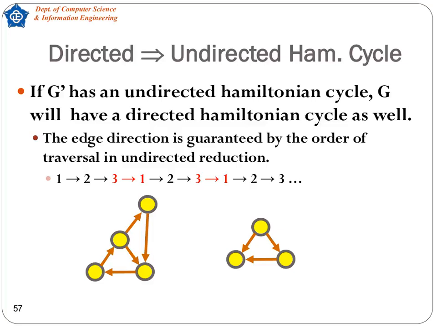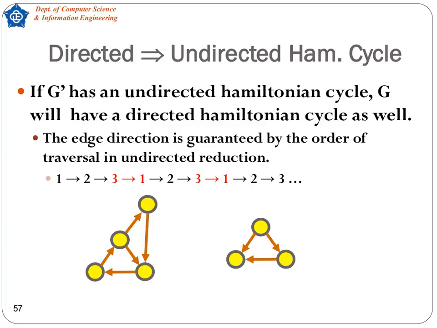The reduction was carefully crafted so that every undirected edge in G′ corresponds to exactly one directed arc in G. For example, take the cycle 1 → 2 → 3 → 1. In G′, the connections between vertices 1, 2, and 3 form an undirected triangle, but because of how we built those edges, moving from 1 to 2 must use the 1 → 2 arc in G, from 2 to 3 the 2 → 3 arc, and from 3 back to 1 the 3 → 1 arc.